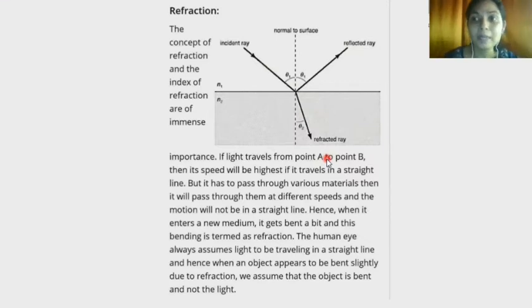One, similar to that of reflection: the incident ray, the refracted ray and the normal all lie on the same plane. Done? This is the first law, same as in reflection. Second law, what does it say?